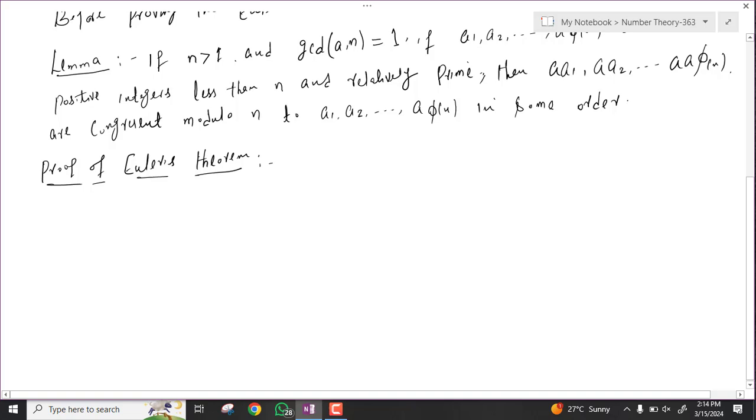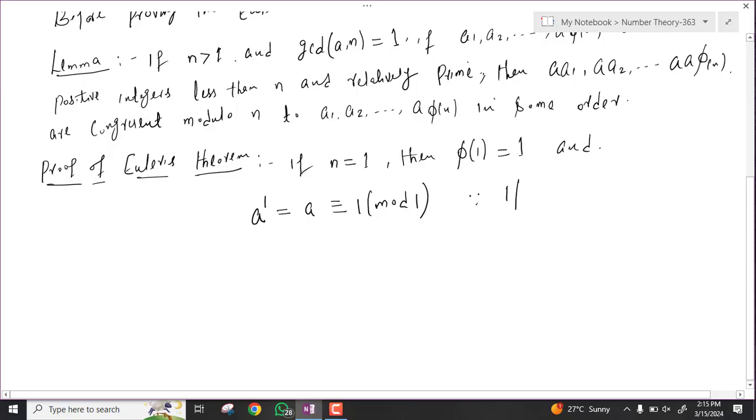If n equals 1, then phi of 1 equals 1. As per Euler's theorem, a power phi of n is 1, so a is congruent to 1 mod 1, which is true because 1 divides a minus 1, as 1 divides every number.